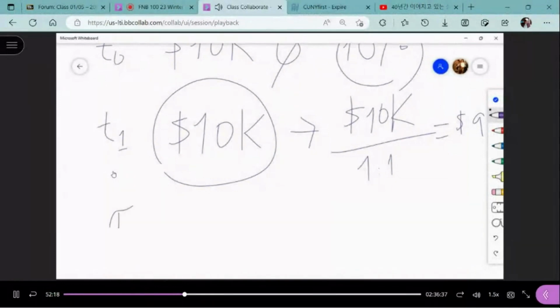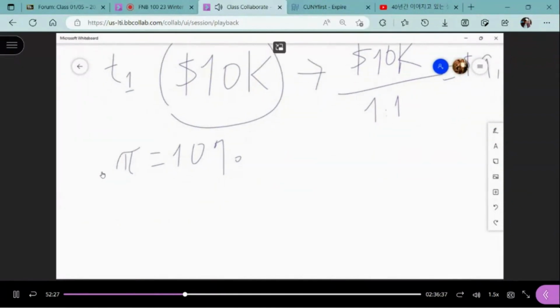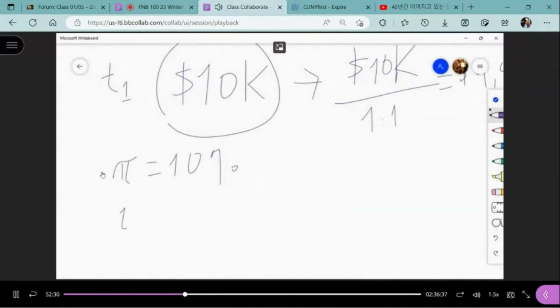What was our inflation in our example? 10%. And what was our interest rate? 1%. This is clearly a very poor investment because this 1% interest rate cannot compensate for this 10% inflation. Okay, everyone is clear about that?